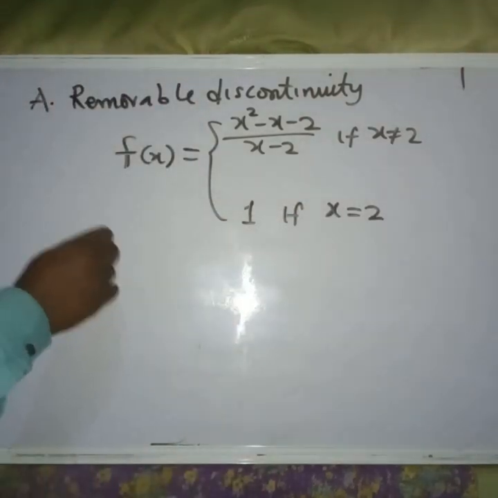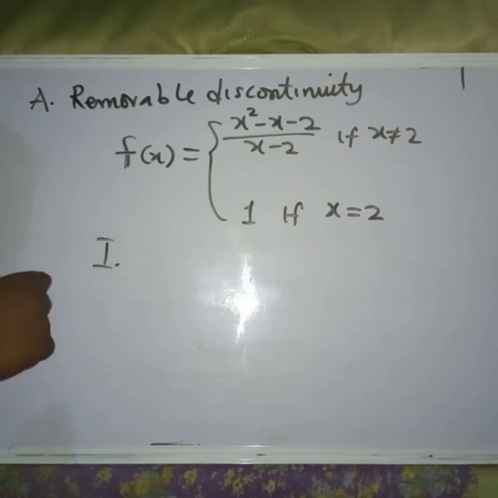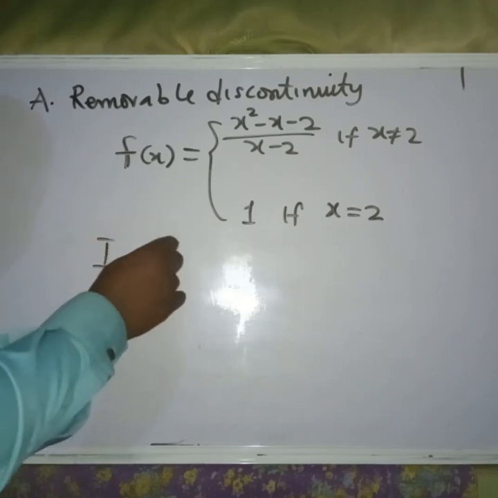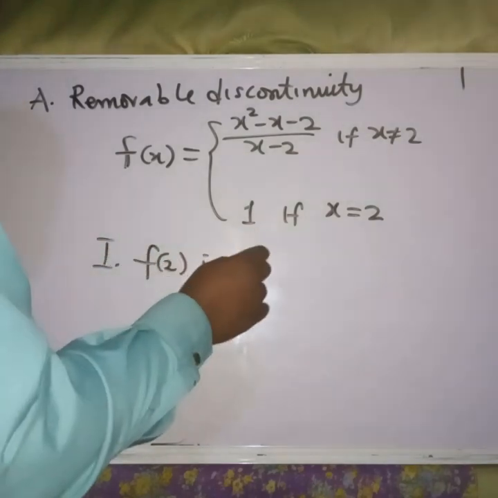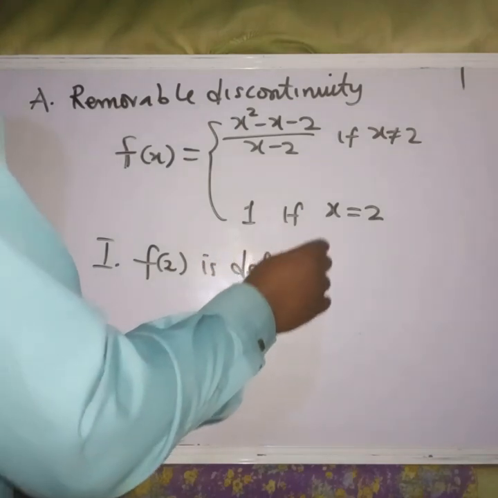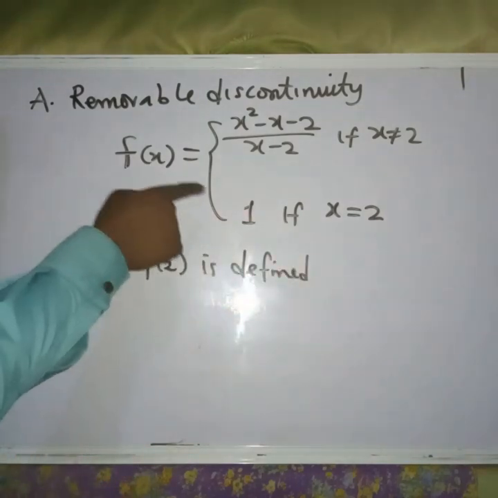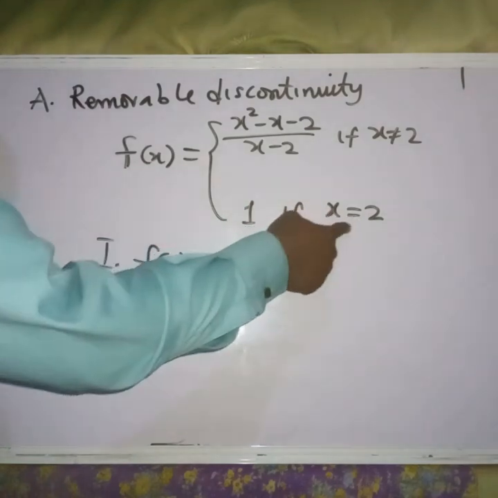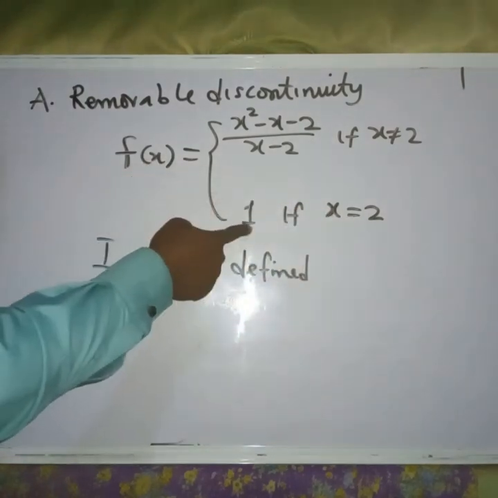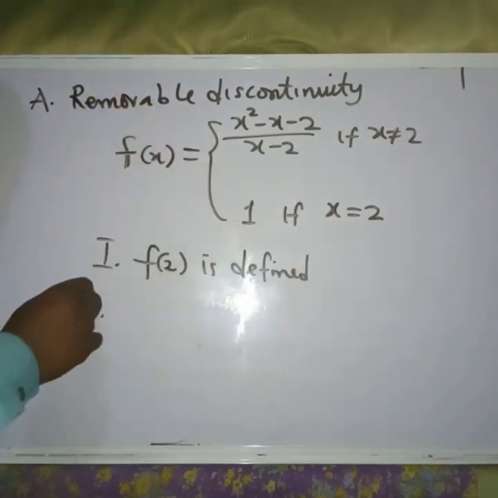Here again, from our definition of continuity, f of 2 is defined, because if we substitute 2, according to the definition of the function, it is 1. So it is defined.